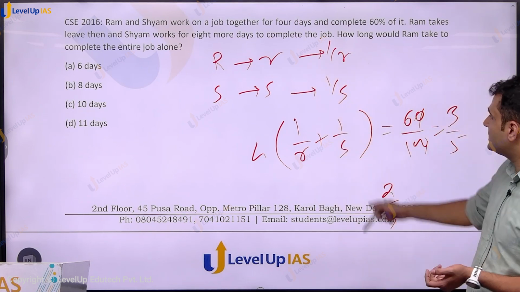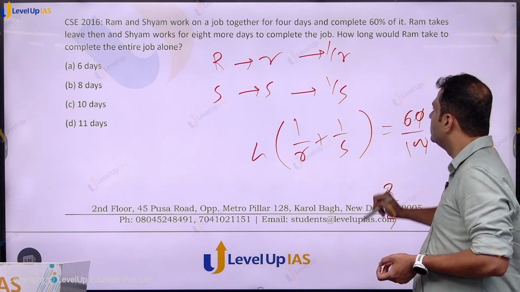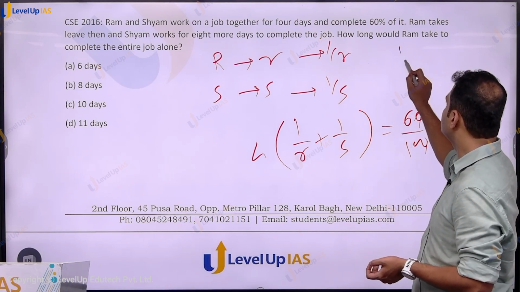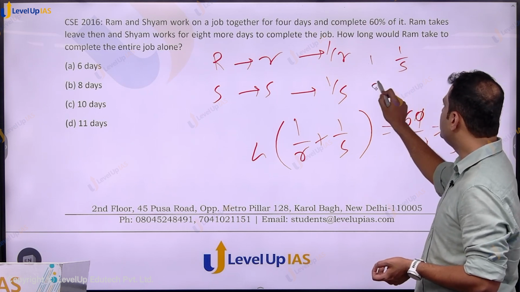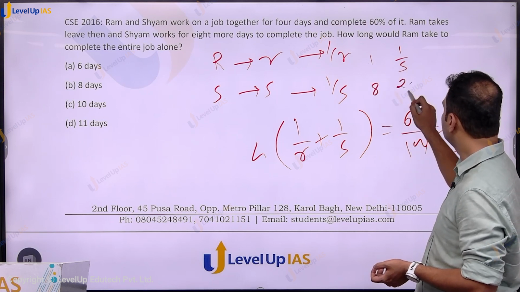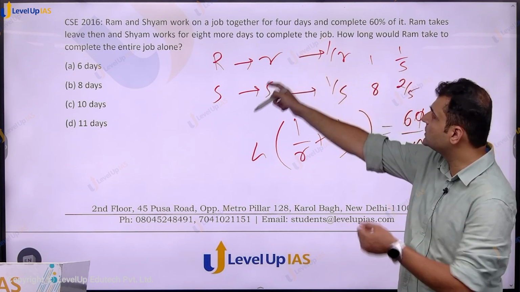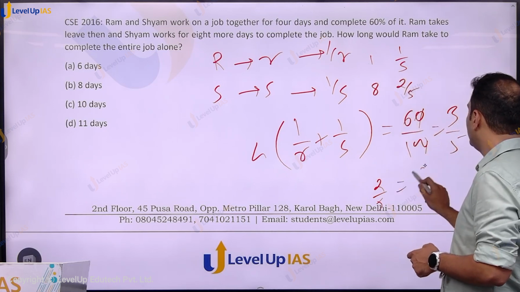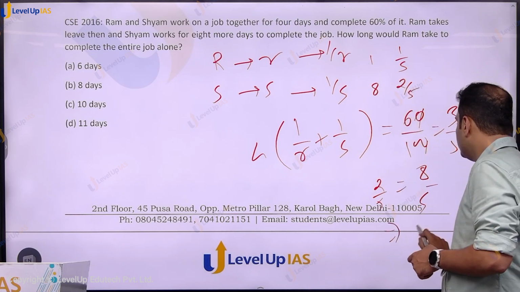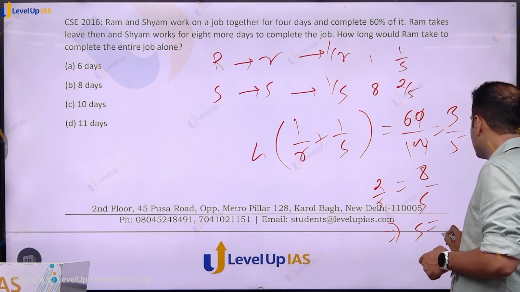Sham takes S days, so 1 by S work in 1 day, and they are giving 8 days. He finishes the remaining 2 by 5 job in 8 days. So what we have: 2 by 5 into 1 is equal to 8 by S. So here we will get the value of S as 40 by 2, which is S is equal to 20.